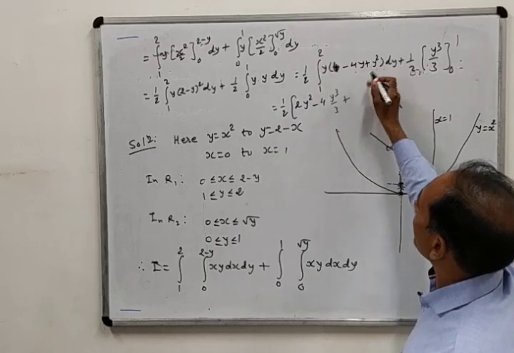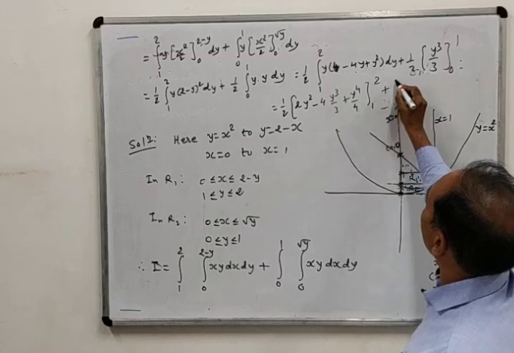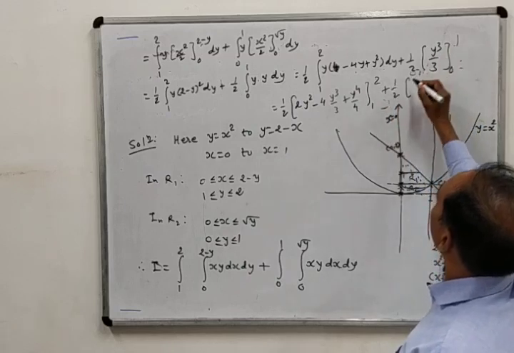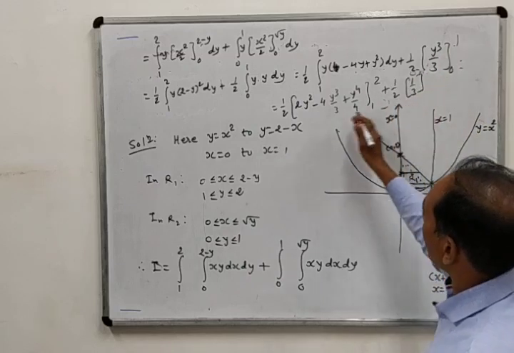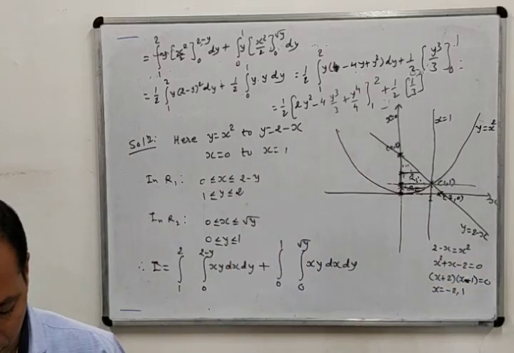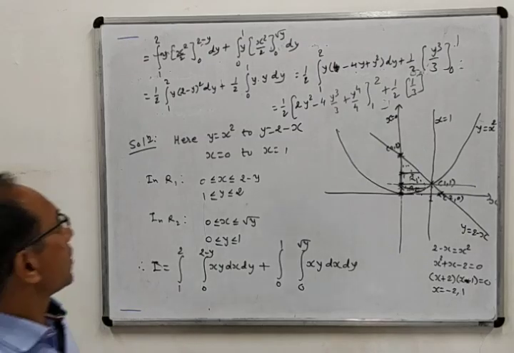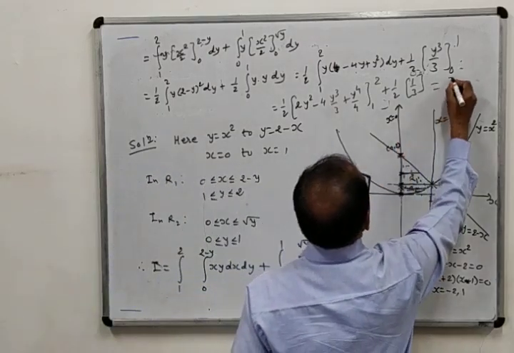Plus here it is y cube, so y raised to 4 by 4, and the limits are from 1 to 2. This is 1/2. It is 1 by 3 minus 0, so 1 by 3. And then the rest of the values you can put, and you can find out the final answer. The final answer is equal to 3 by 8.